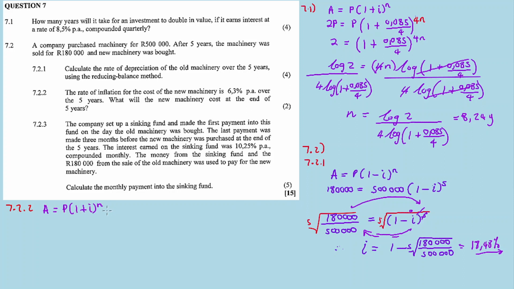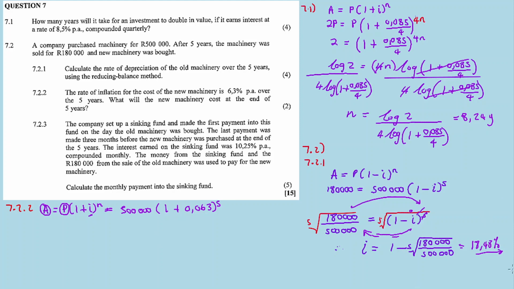We calculate inflation using the compound interest formula. So then, the accumulated value is the future value of the machine, the present purchasing price is 500,000. The interest rate is 6.3% after how many years? 5 years. So then we substitute.